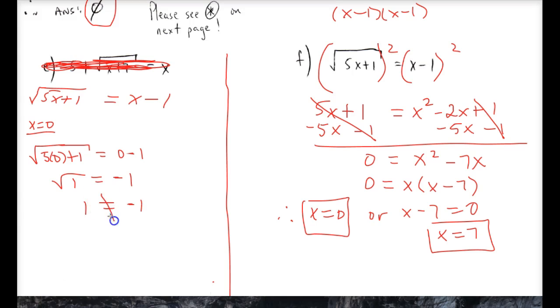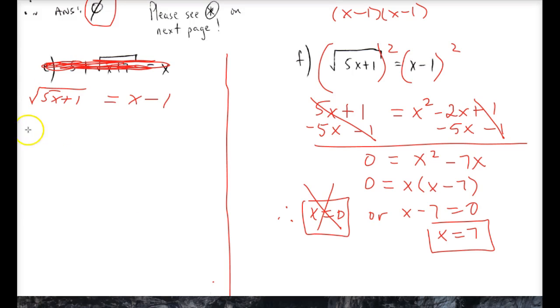So now we have 1, which is not equal to -1. So that means that x equals 0 is what we call an extraneous solution. So now we need to check and see if 7 works. And so I'll go ahead and get rid of this right quick and try 7.